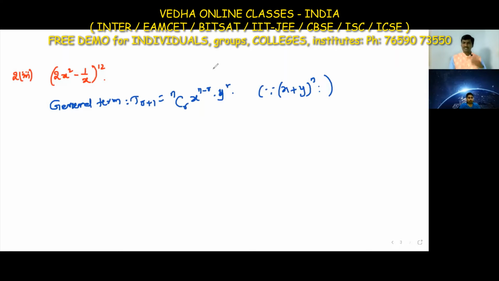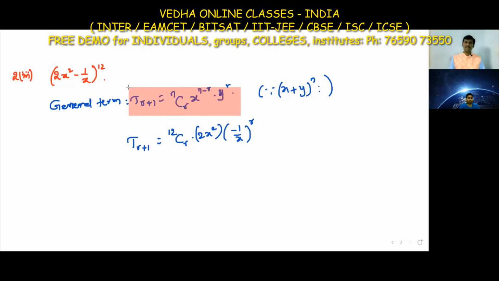This is the general term we use for finding the constant term, the term without x, the independent term. I am applying the same formula here. The n value is 12, C, the r value we don't know, into x to the power, that means 2x square is the x value and y is (minus 1 by x) whole power r.